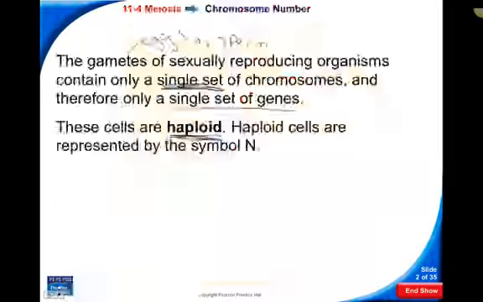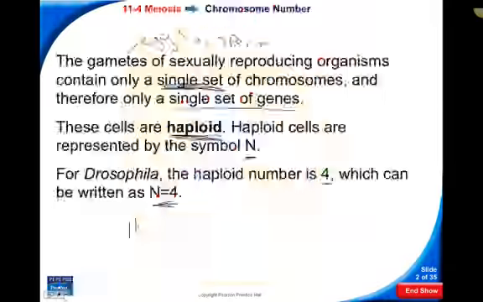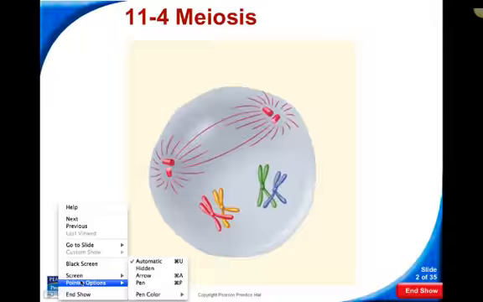This is represented by a single n. For Drosophila, the haploid number is 4, which can be written as n equals 4. For humans, what do you think n would be? If our diploid cells have 46, our haploid cells would be n equals 23. Awesome.